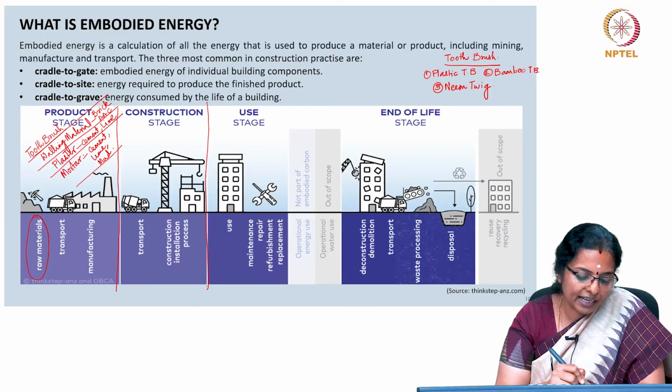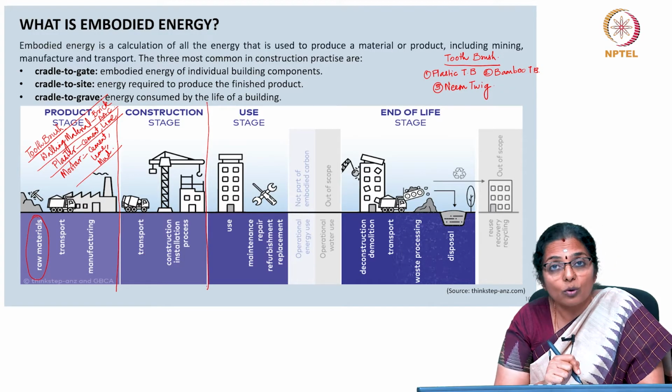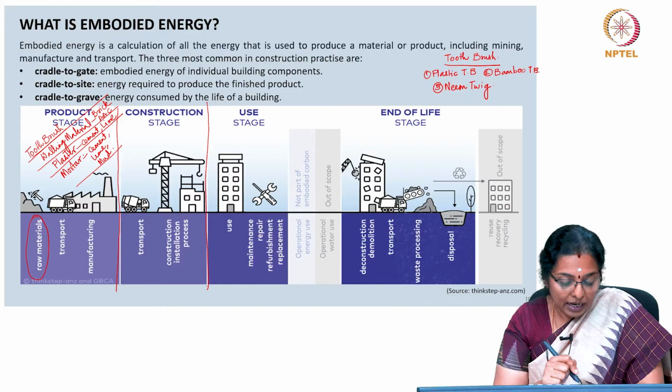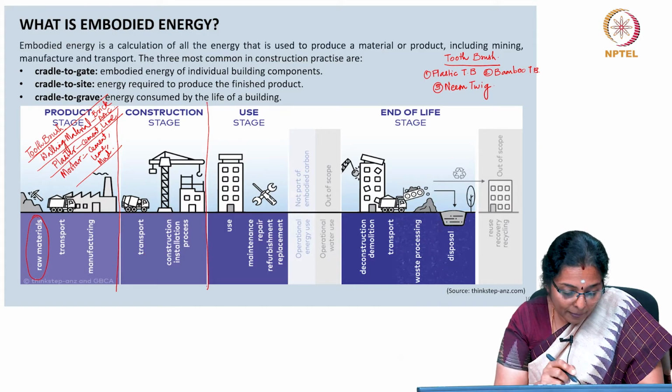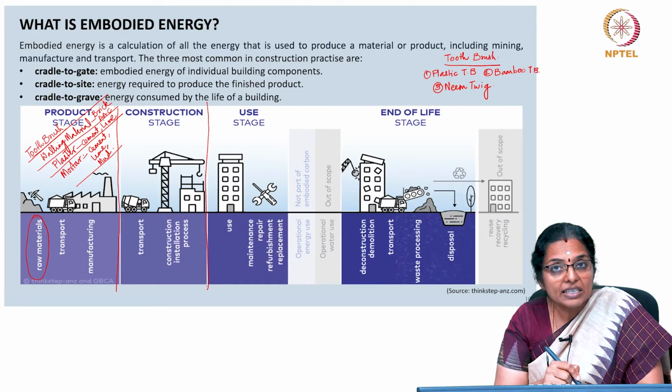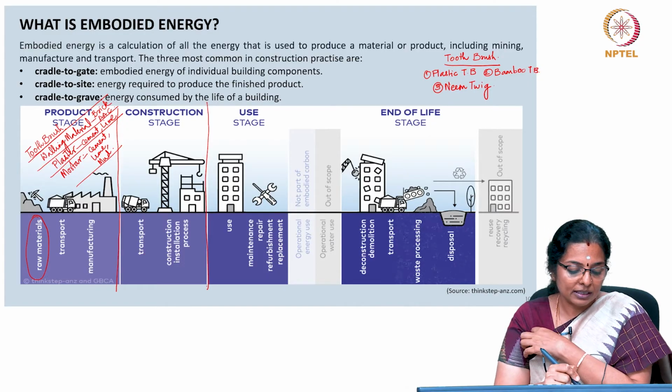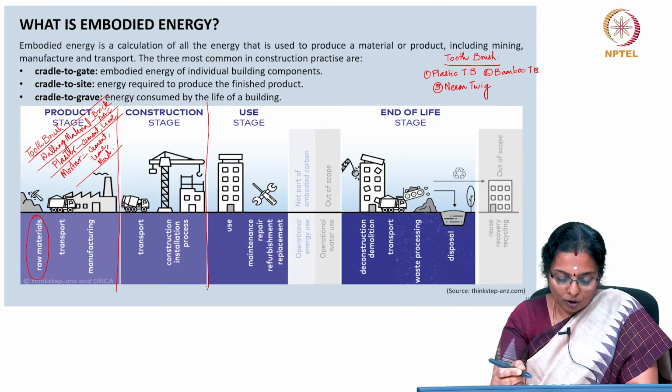What does it entail to transport brick, which could be locally available, and AAC block, which may not be locally available? And what is the transport for cement and lime? Lime could be a locally available material. In fact, it is most of the times, and so on.